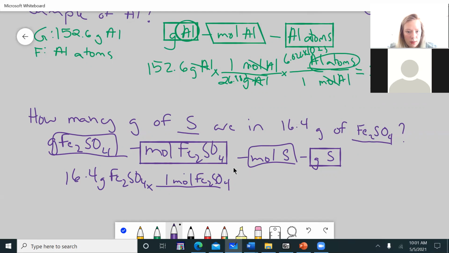That didn't work for me, sorry. 207.8 grams of Fe2SO4.